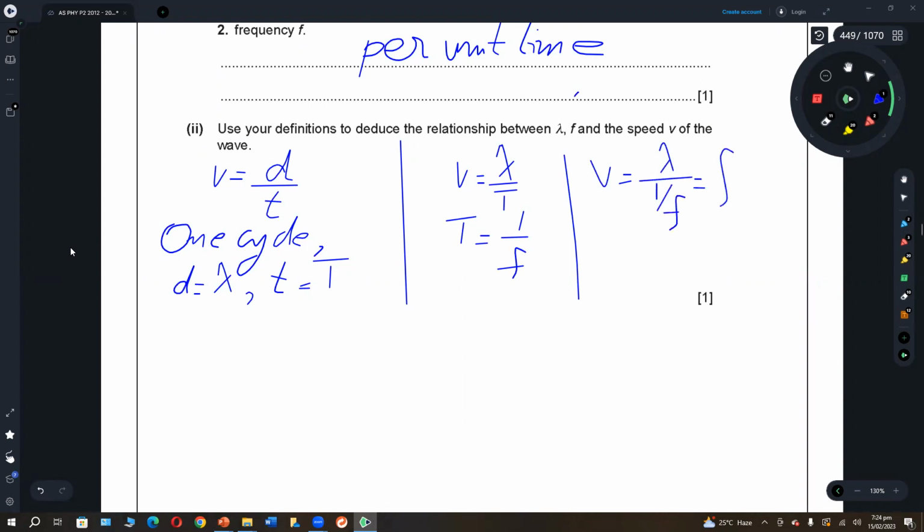It will become f lambda. This is a derivation. It's better that you try it yourself also, make a writing memory. Wasn't it like f is equal to 1 over capital T? It's the same thing because they are reciprocal to each other.